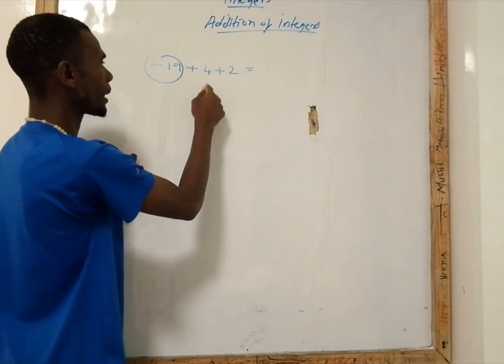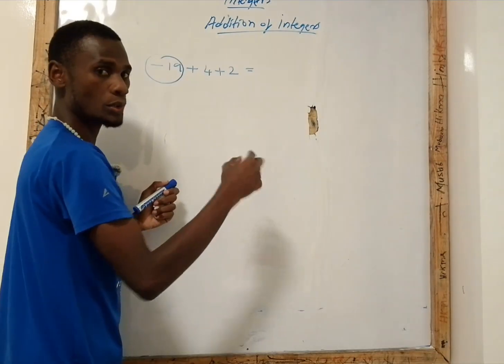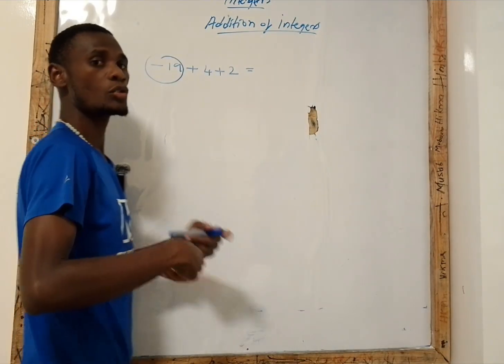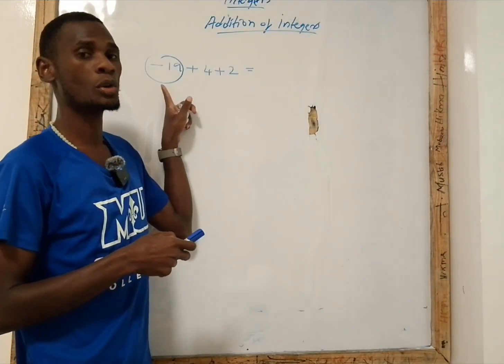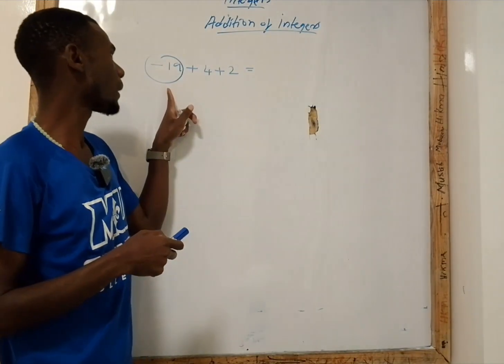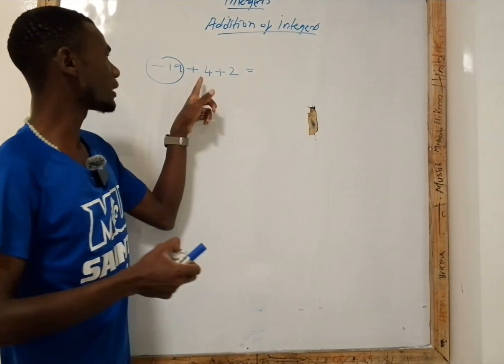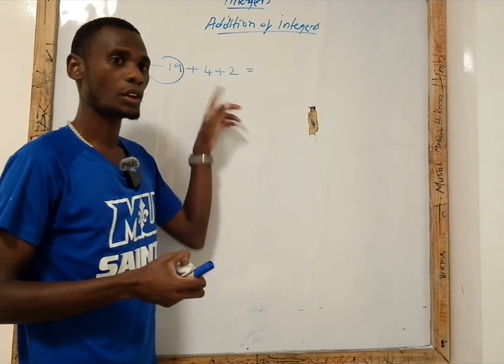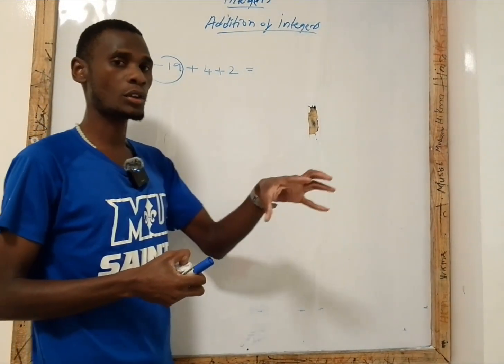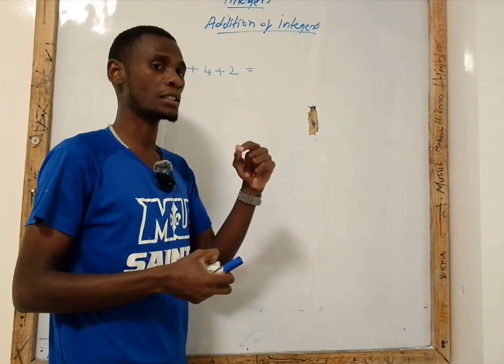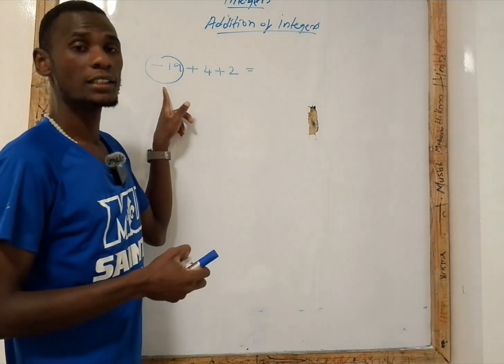Because they are added, plus 4 plus 2. That word plus means you have been added that. So you owe somebody 19 shillings, but you have worked and been given 4 shillings, then another job, you are given 2 shillings. In total, you have been given 6 shillings, but you owe somebody 19 shillings.